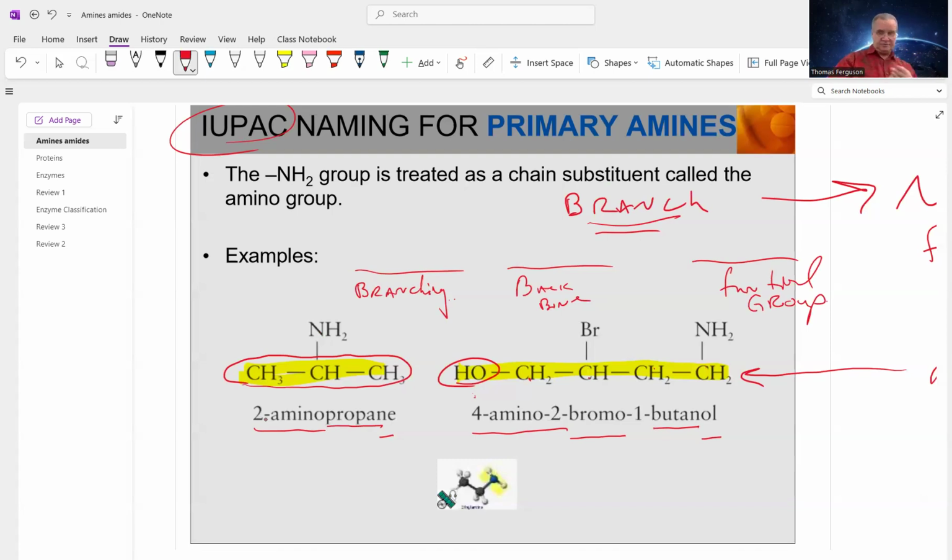It's going to be a branch. Secondly, when you're looking at things like butanol, the butanol is going to be the main backbone with a branch on carbon 1, 2, 3, 4. Carbon number 4 is a branch. So it's a little different than we've done before. Typically naming, as always, has 3 parts. We've got the backbone, we've got the functional group name, and then we have branching. So that's exactly the same.